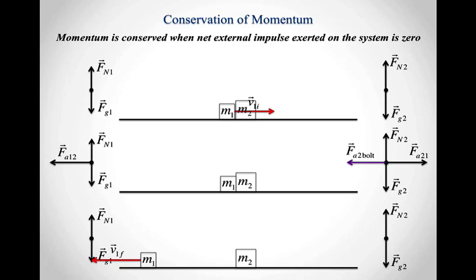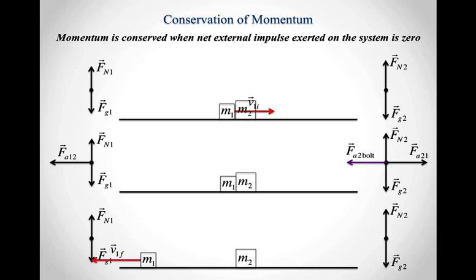So when we think about what's going on through this entire process, sliding over, colliding, sliding back, I have multiple external forces. I have normals from the surface, I have weights from the interaction with the earth, and I have this force from the bolt. The normals and weights cancel out. The force from the bolt does not.